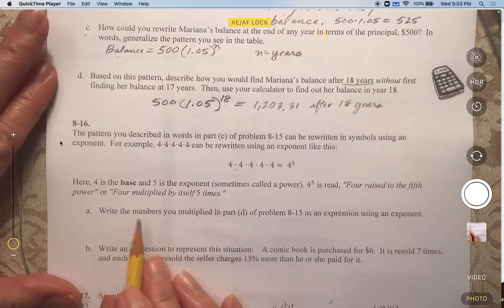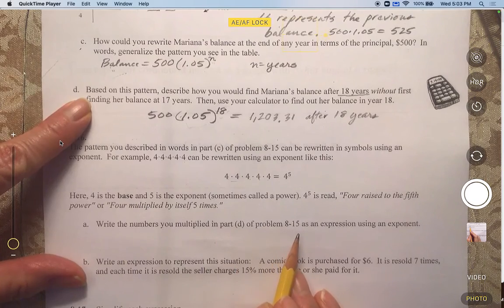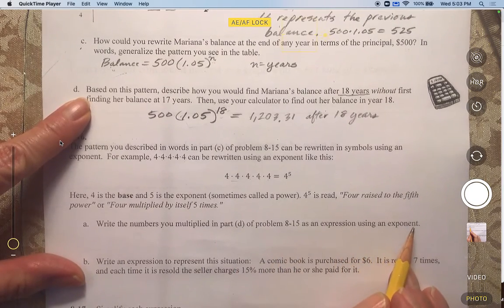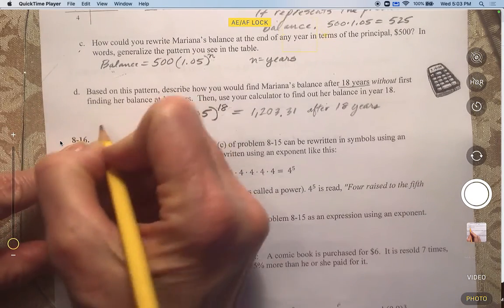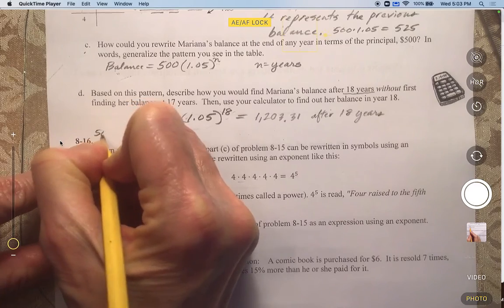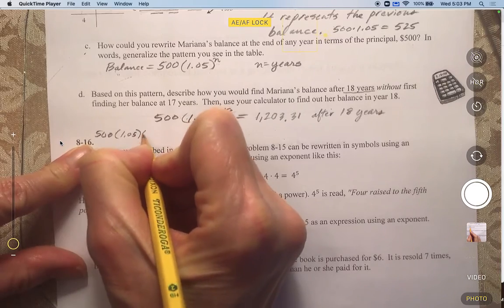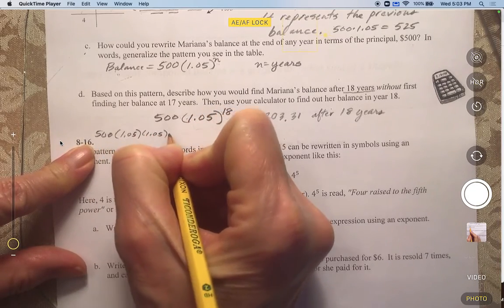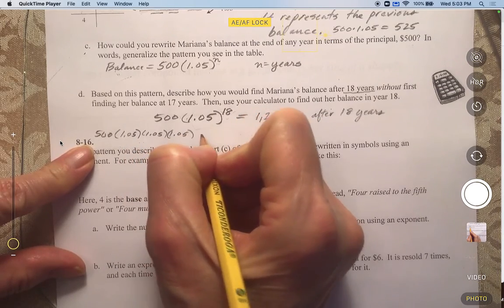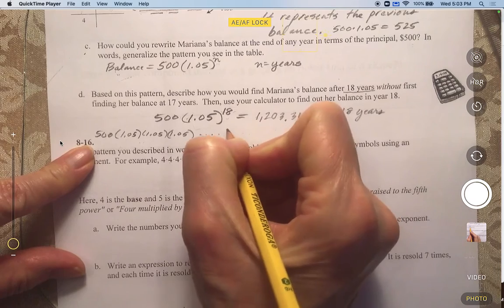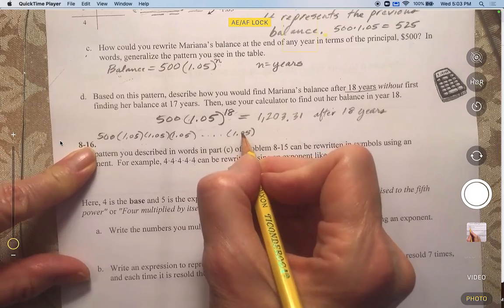So we're going to write the numbers that we multiplied in part D of problem 8-15 as an expression using an exponent. Apparently in part D, I was supposed to write this out. Maybe I should have written out 500 times 1.05 times 1.05 times 1.05, and just kept going until I had 18 of these strung out and then multiplied them all together.